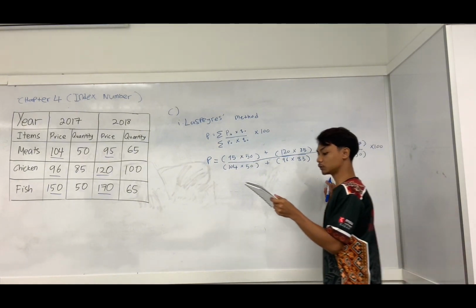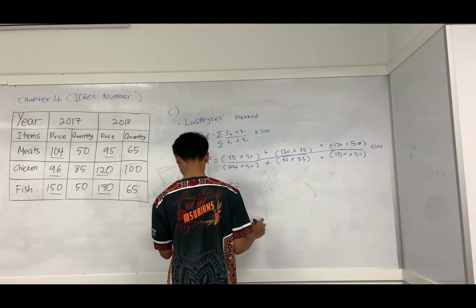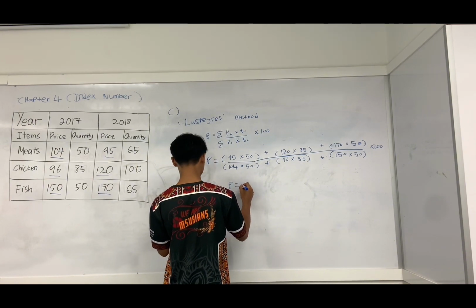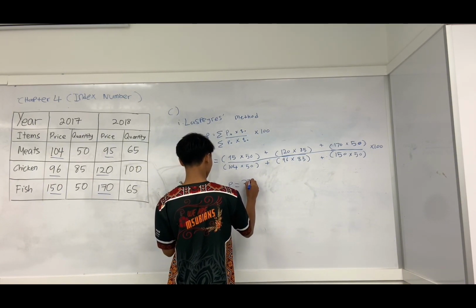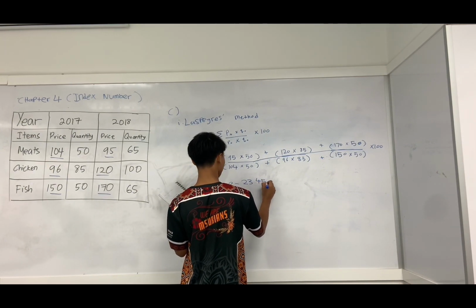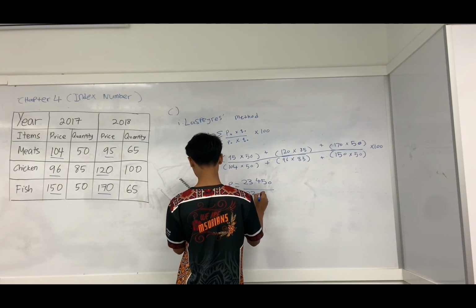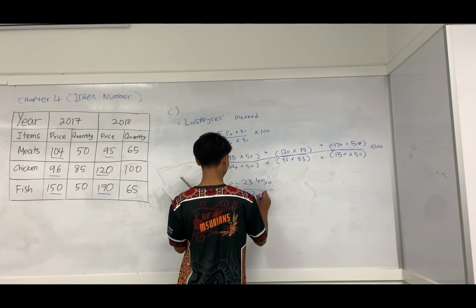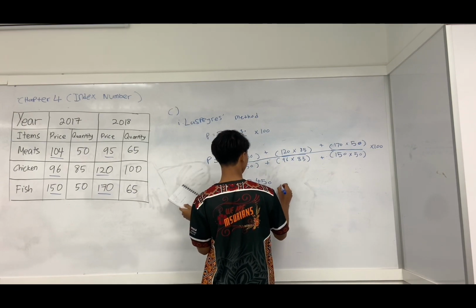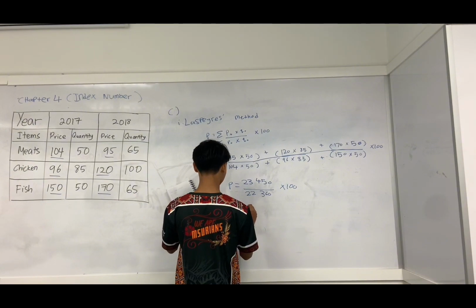After calculating all this, the answer equals 23,450 over 22,360 multiplied by 100, and the answer is 104.9.